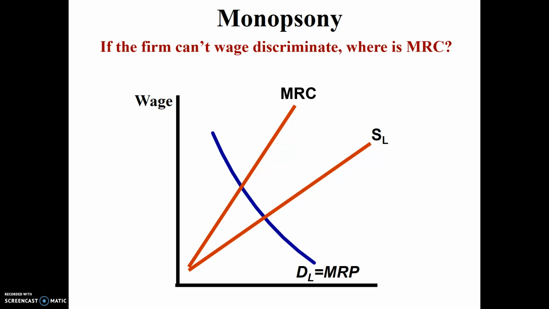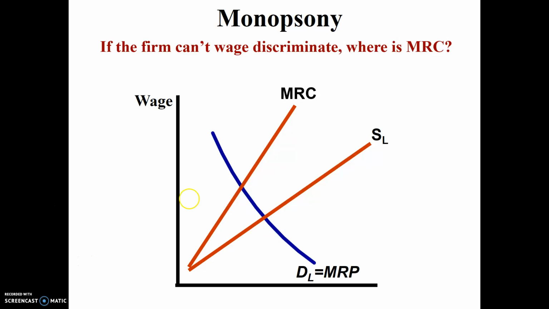We see that the firm that is hiring factors is going to hire fewer factors in a Monopsony market, will actually have a wage that's lower than perfect competition, and will also have dead weight loss, is not going to be allocatively efficient, but rather is going to be profit maximizing.